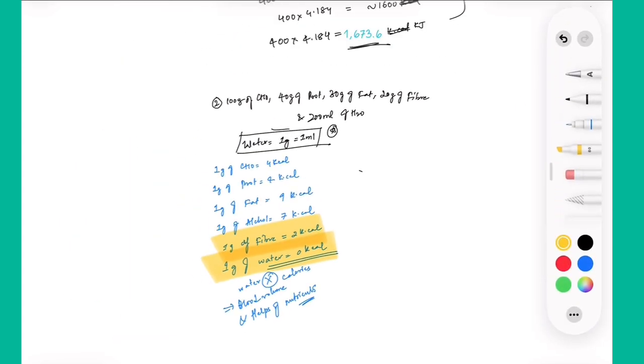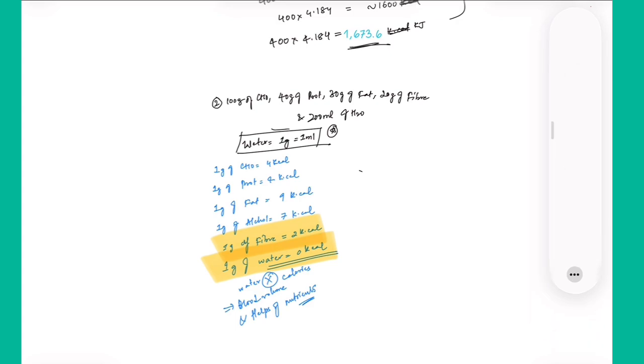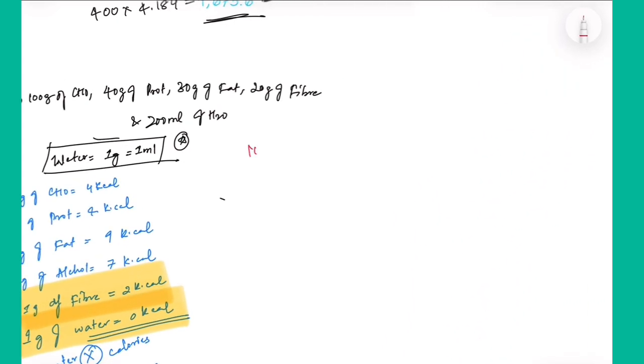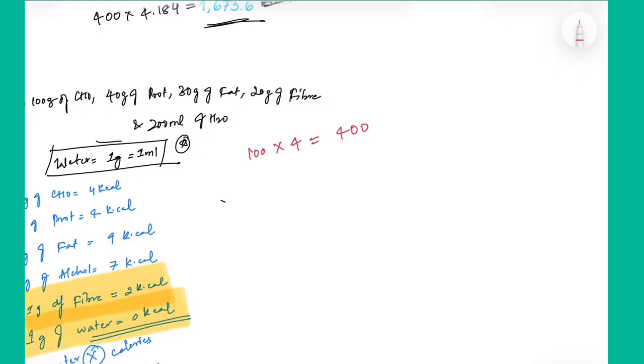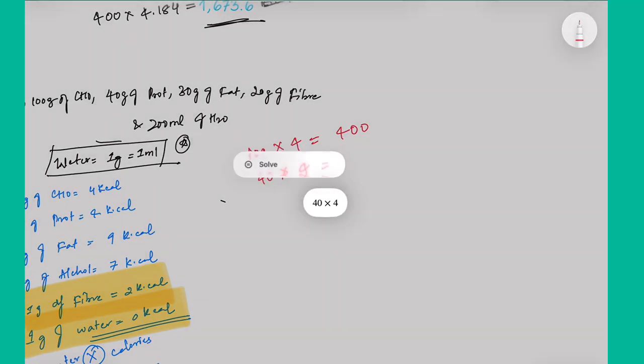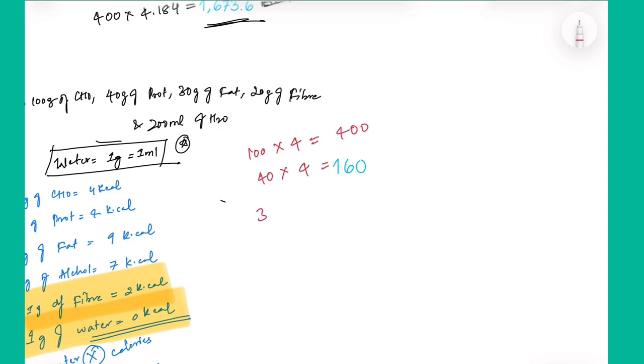Now let us go and calculate the question. So 100 grams into 4 for carbs is 400 calories. 40 into 4 is 160. 30 into 9 is 270.